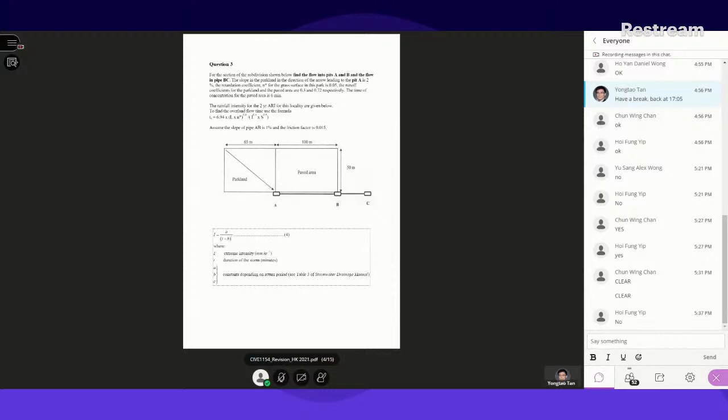You can see that the parkland flows into the pit A. Let me see the questions.